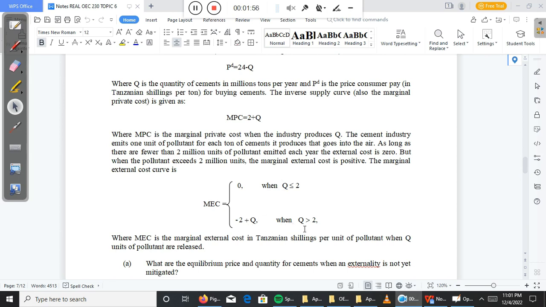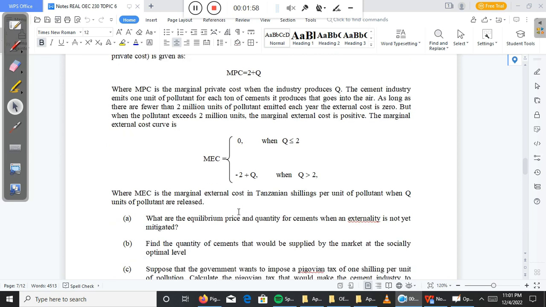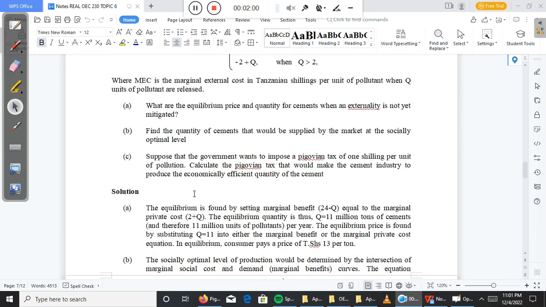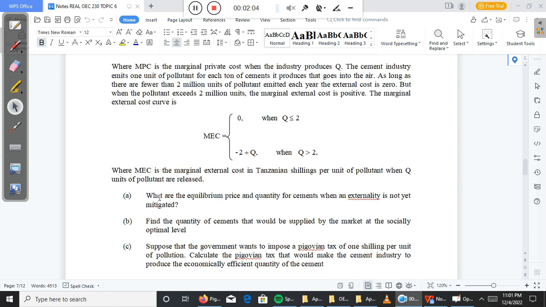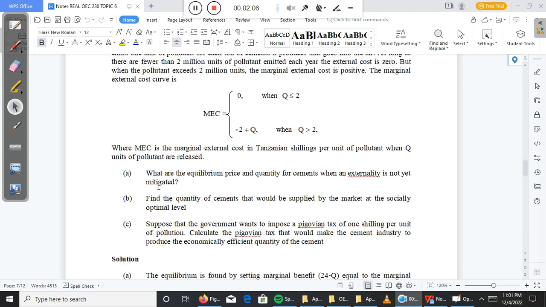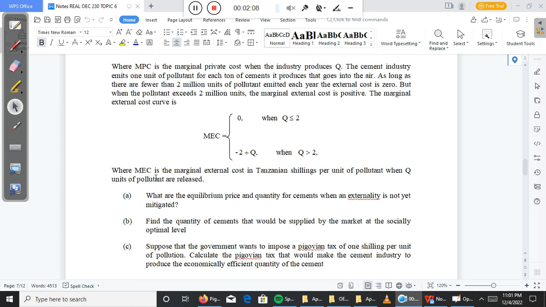MEC is the marginal external cost in Tanzanian shillings per unit of pollutants when Q units of pollutants are released. We are required, in part A, to calculate the equilibrium price and quantity for cement when the externality is not yet mitigated.